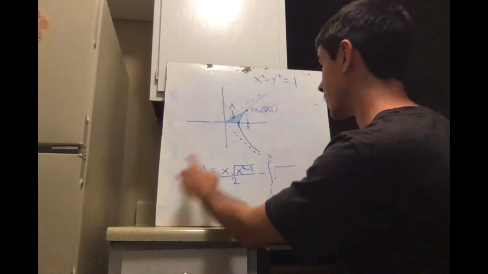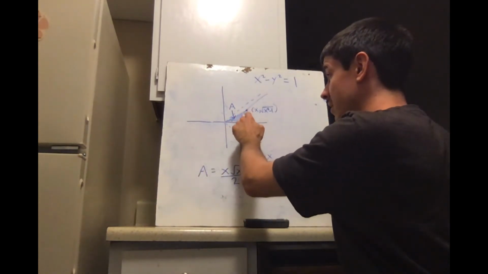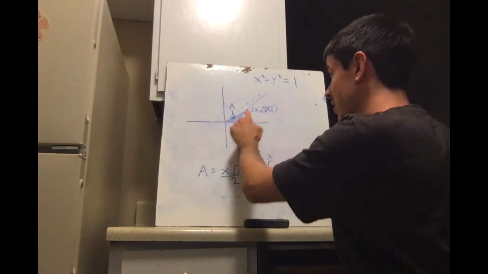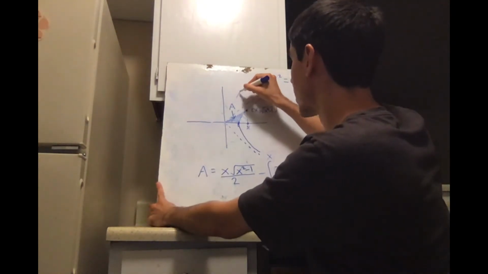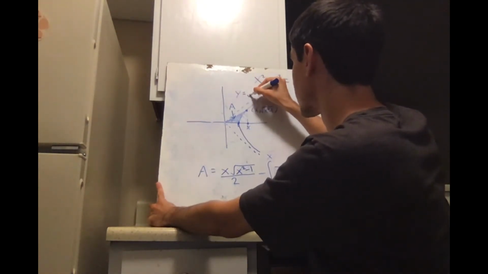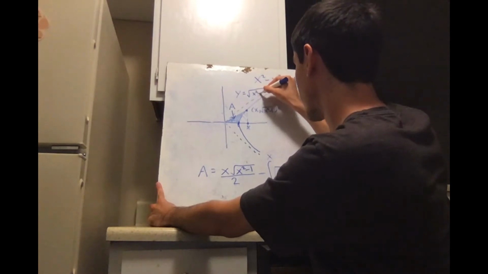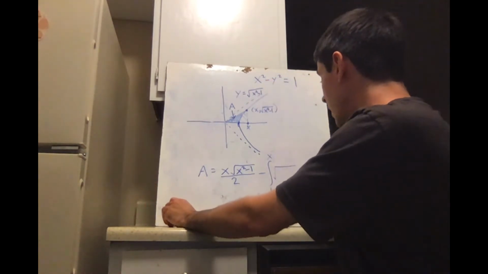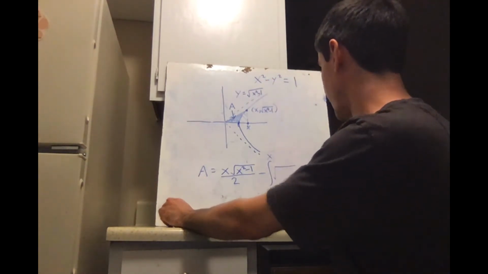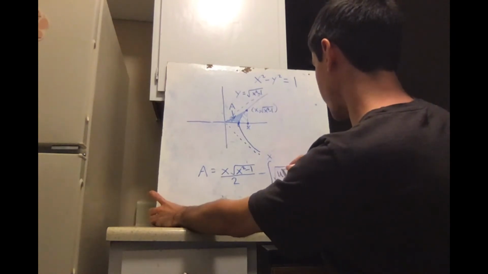And the integrand is the function by which this curve can be expressed, and up in the first quadrant, as I mentioned before, this curve is y equals the square root of x squared minus 1. So it's going to be the square root of u squared minus 1 du.